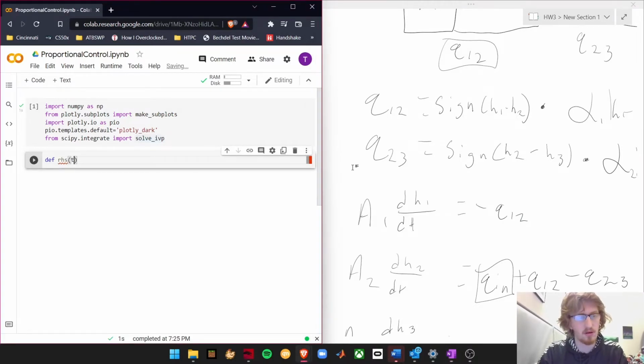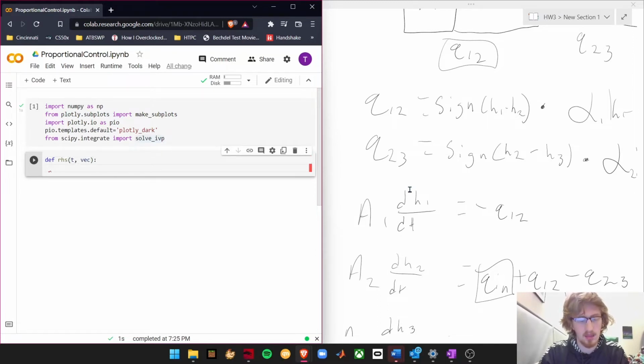Our inputs are going to be our time and, of course, our starting heights. We'll make that a vector and just unpack it inside of the function here, and then h1, h2, h3 is going to be our vector.